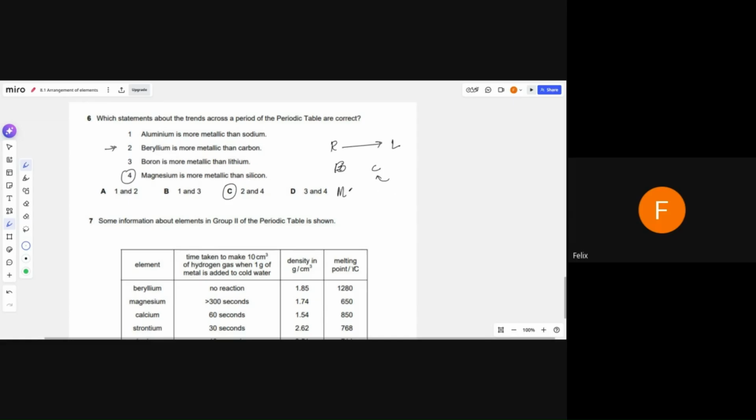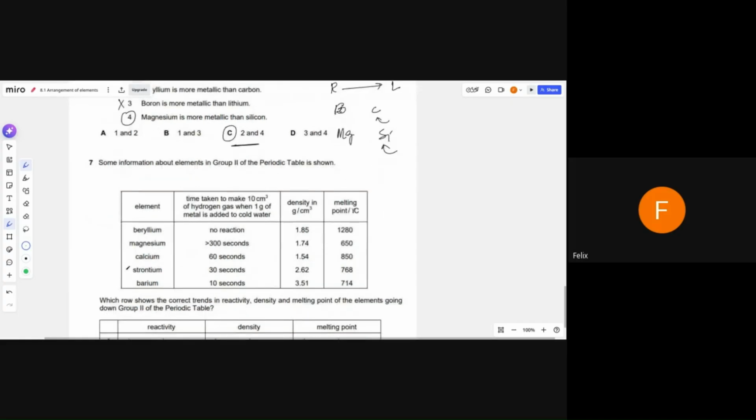Magnesium is also on the left side of silicon, so silicon will be less metallic or more non-metallic, and magnesium will be more metallic. So statements number 2 and 4 are correct, and statements number 1 and 3 are incorrect, right?